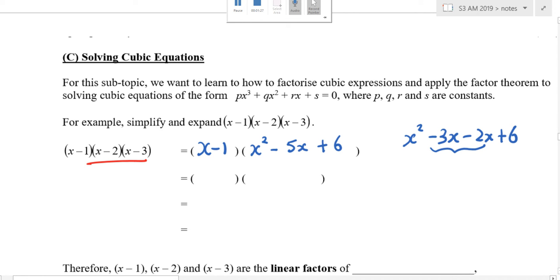Then you have to simplify this. And people who refuse to use calculator will tell me this is 1. But it's negative 5.